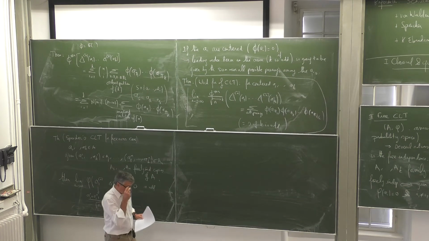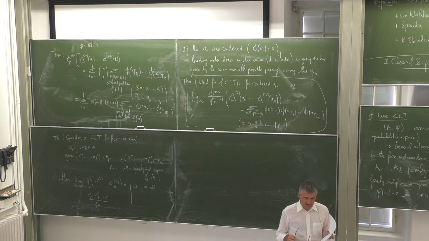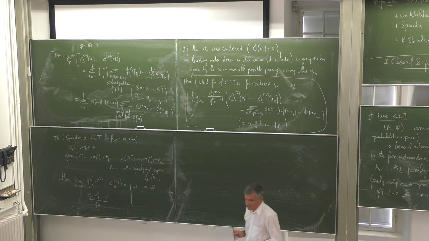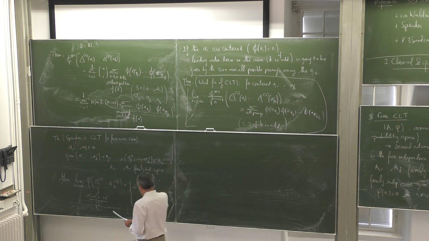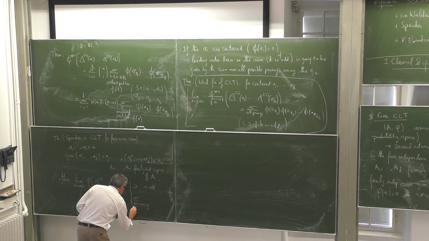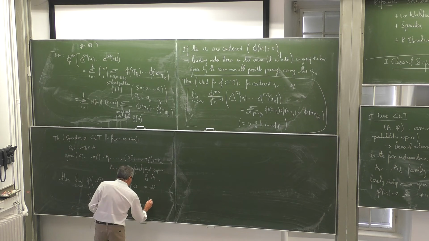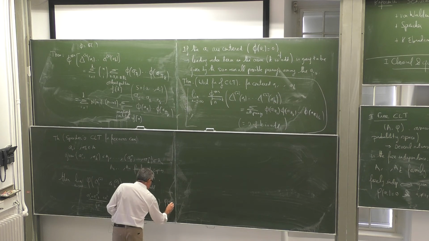But now, because of this phenomenon that I mentioned but didn't really explain, the fact that crossing partitions and non-crossing partitions behave differently when you deal with freely independent subalgebras of an algebra, what we are going to get here is the sum over all non-crossing pairings between the variables we start from.